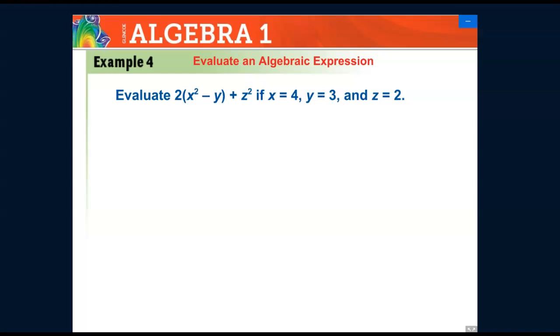So the very first thing you want to do is plug in your values in the right spots. So everywhere you have an x, you're going to put the number 4. Everywhere you have a y, you're going to put the number 3. And everywhere you have a z, you're going to put the number 2.